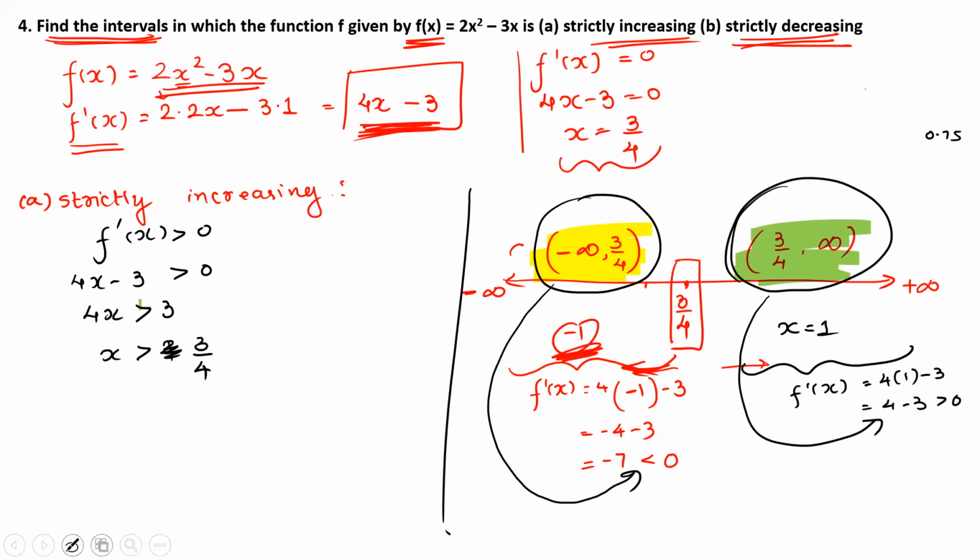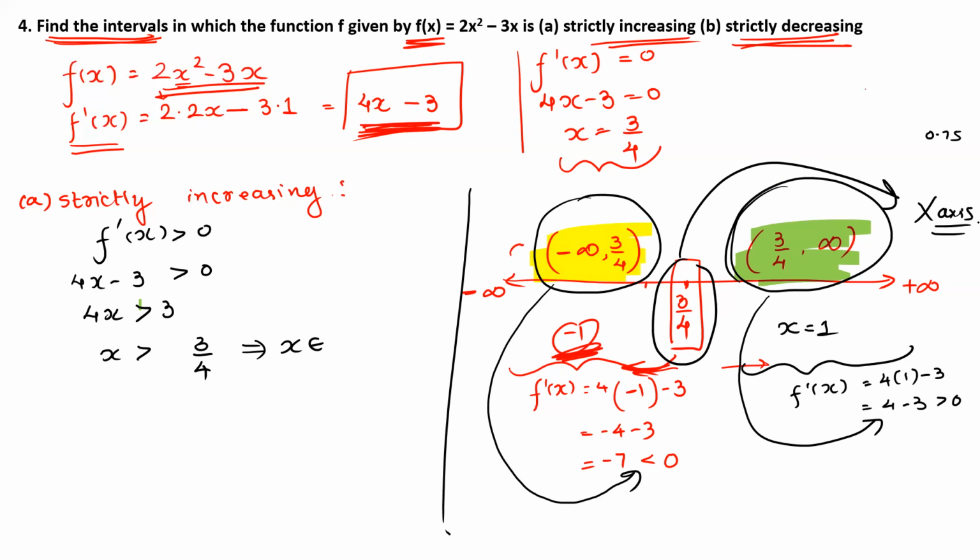That is how the function is increasing for x greater than 3 by 4. Meaning, if you go to the right hand side of the x-axis, obviously greater than means we go to the right hand side.